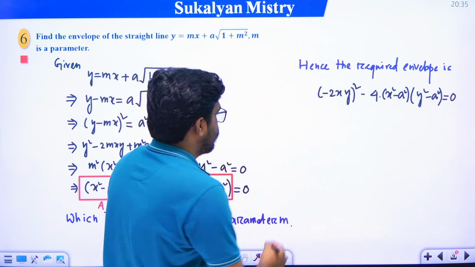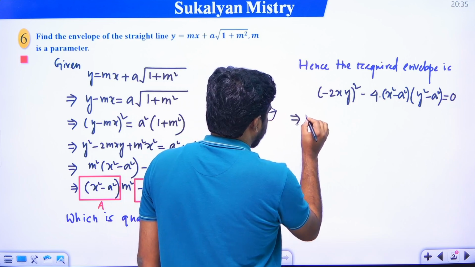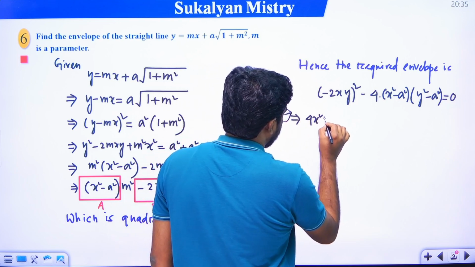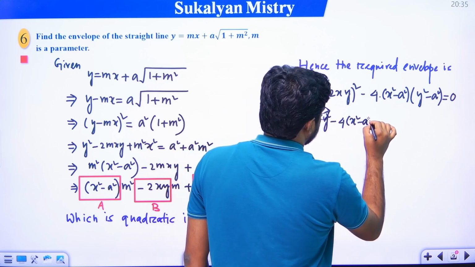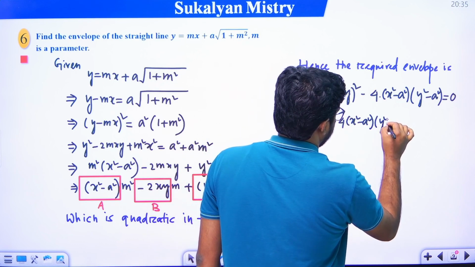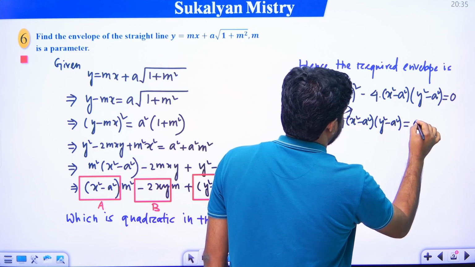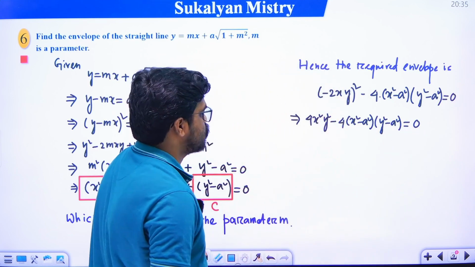So this implies 4x square y square minus 4 into x square minus a square into y square minus a square is equal to 0.